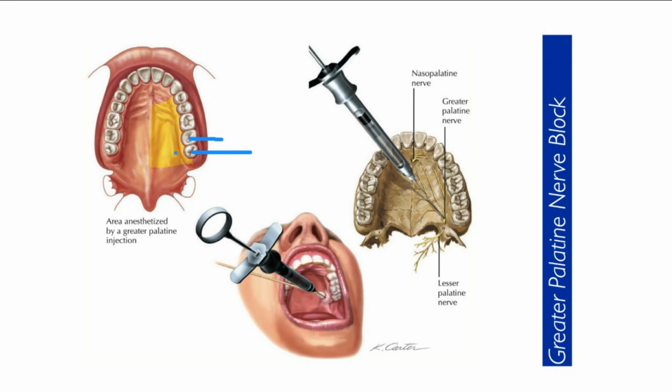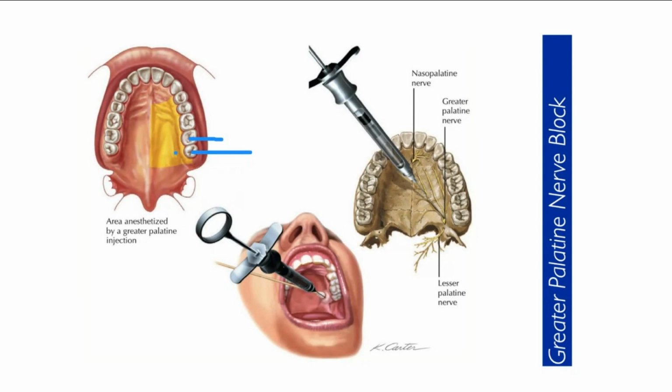The only way to get into this greater palatine foramen is a Q-tip, and you put it in and start to feel until you feel a softer spot. The bone is underneath the soft tissue of the palate. So when you push, you're pushing on bone, until you get into this foramen, where you will feel this spot is softer.